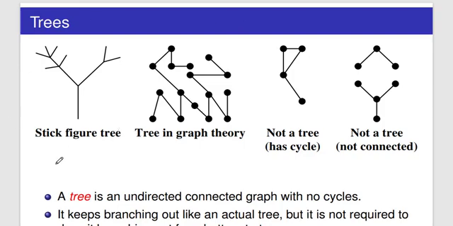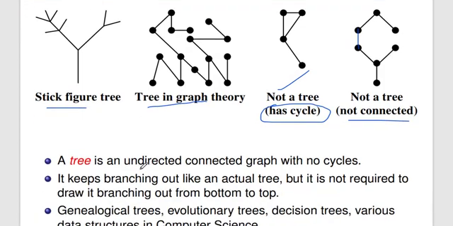This is a stick figure tree. A tree in graph theory looks like this, and if it has a cycle then it's not a tree, it's only a graph. Also a tree should be connected. This is a disconnected graph; we all know what disconnected and connected graphs are. So a tree is an undirected connected graph with no cycle.